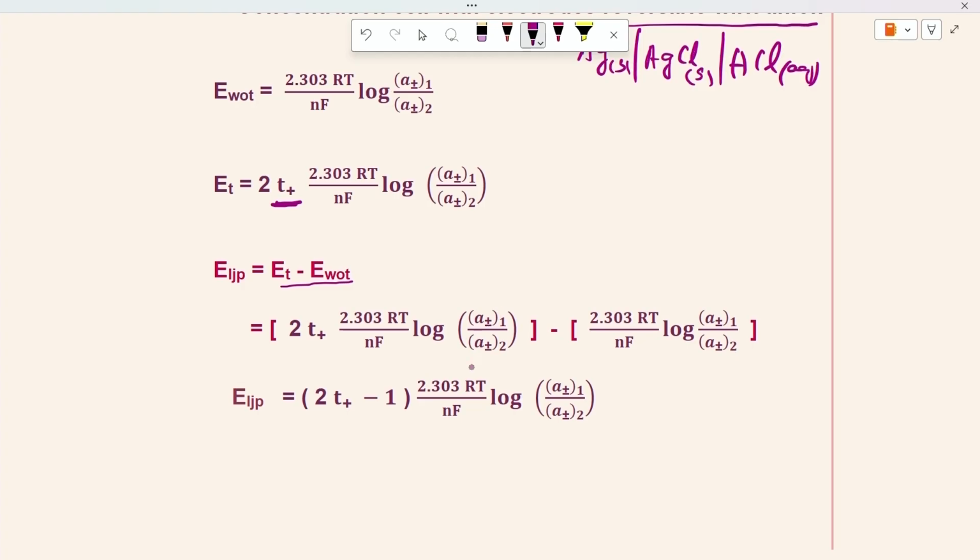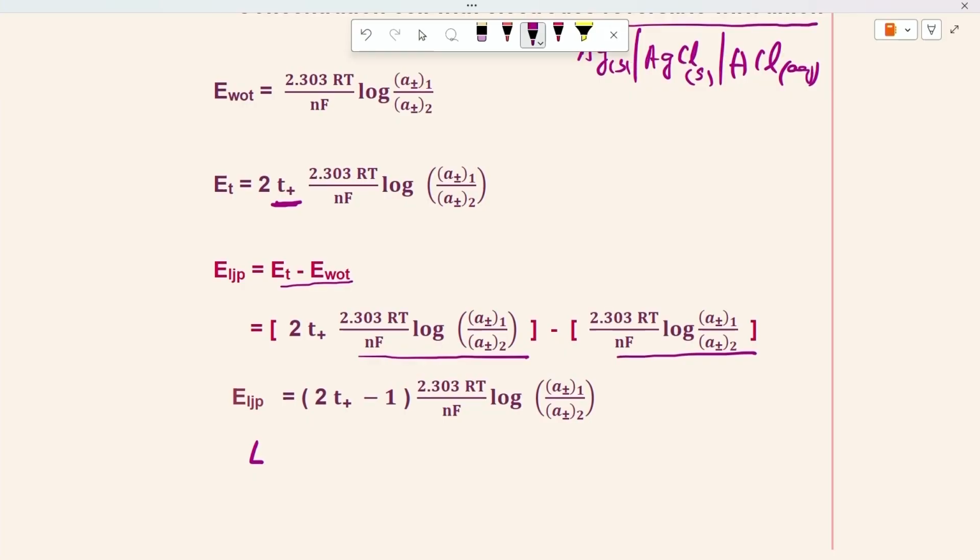Now, taking the common term 2.303 RT log mean ionic activity of 1 divided by mean ionic activity of 2 in both cases, you have 2T plus minus 1, common factor 2.303 RT by NF log mean ionic activity of 1 divided by mean ionic activity of 2.